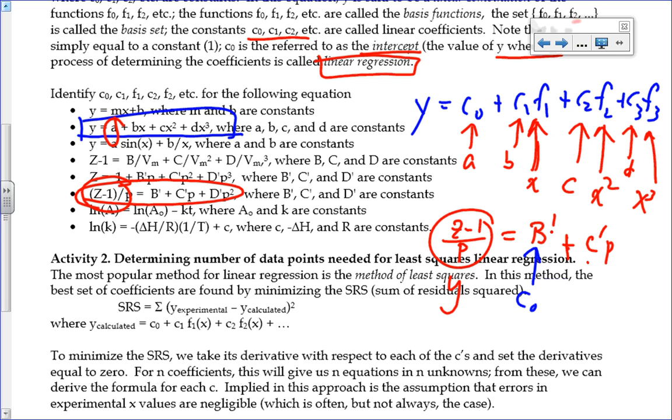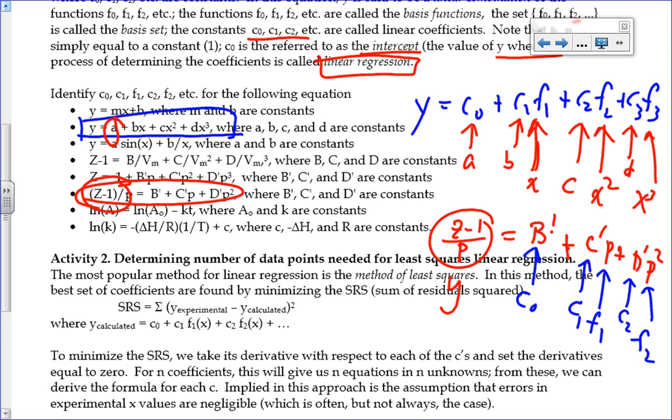So c prime is my c1, p is my f1, okay, plus b prime p squared. So I'm going to call b prime my c2, and this is c1, and p squared would be my f2. Okay, so that's the idea.